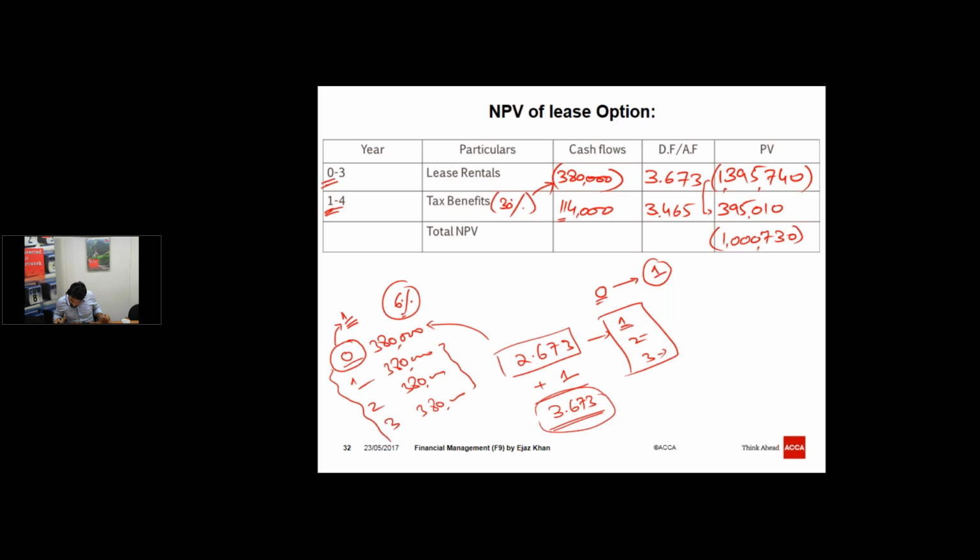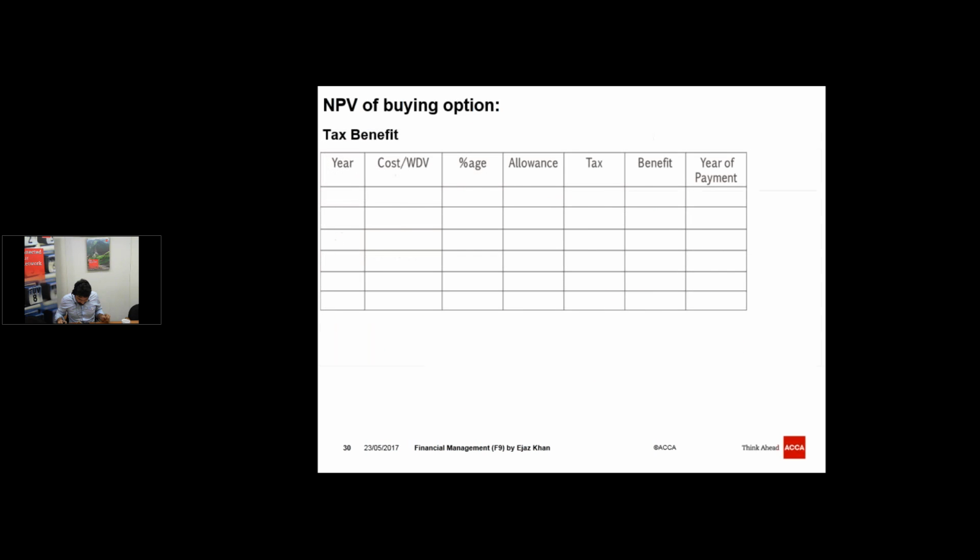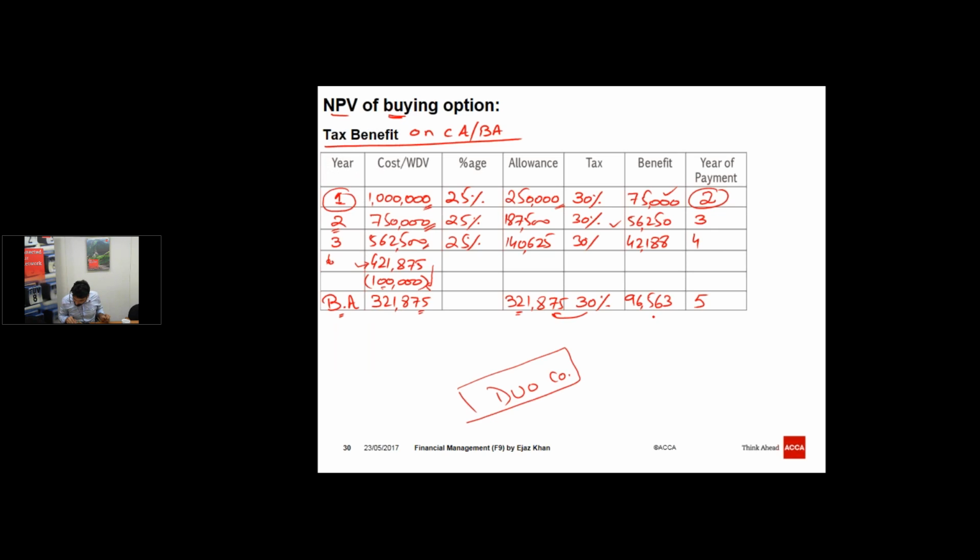Sir, please repeat your four tax benefit again, amounting to 95536. Okay. Tax benefits, where is it? Okay, 96563. So this is just answering your question. 96563, actually, the written down value at the end of year 3 was 421,875. At the end of year 4, we will sell the asset and we will recover 1 lakh of the cost.